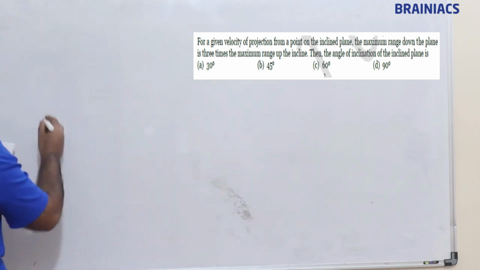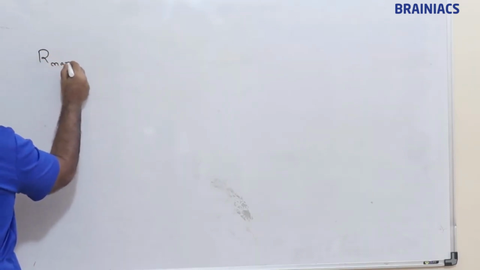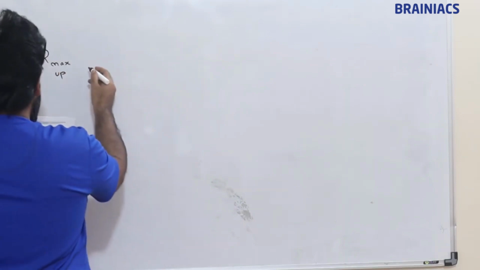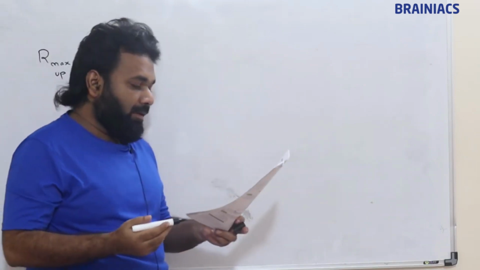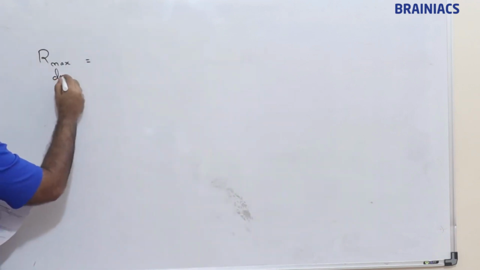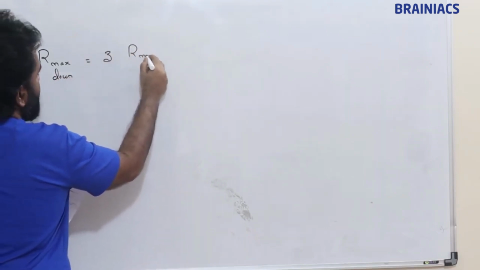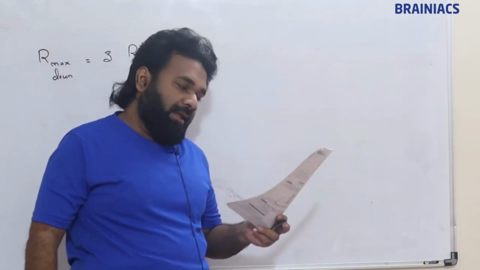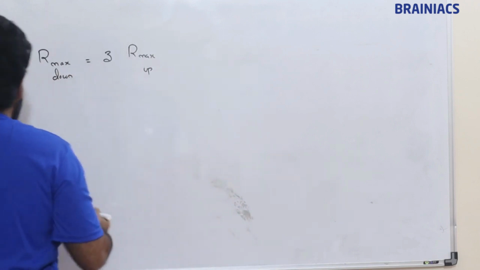So here, the maximum range down the inclined plane is 3 times the maximum range up the inclined plane. Now we need to find the angle of inclination.